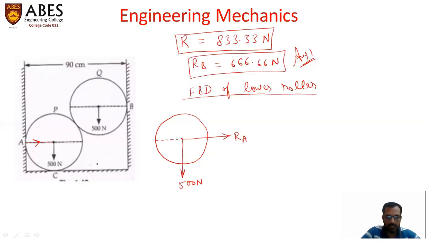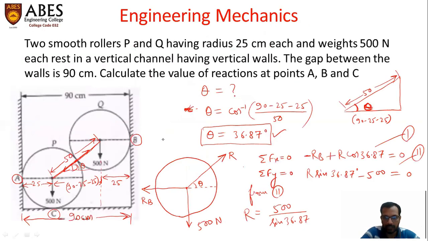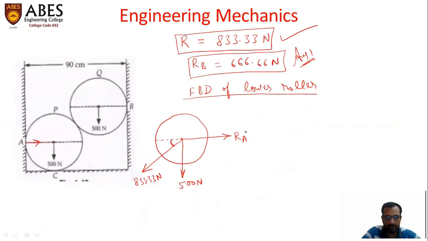So this is the reaction from the upper roller onto the lower roller, R, and the value of R is 833.33 newtons, already calculated. The inclination is theta, 36.87 degrees.